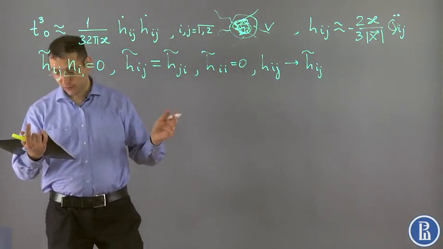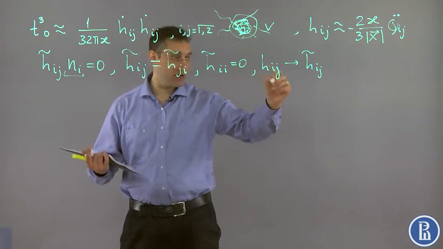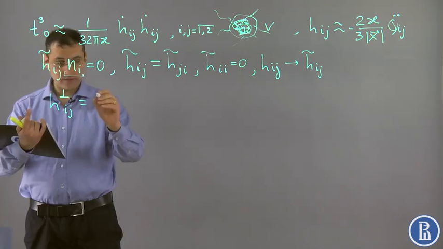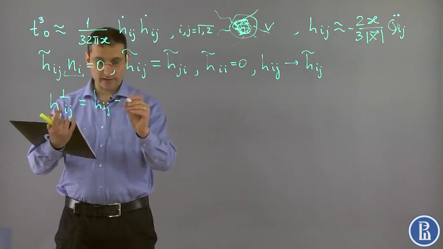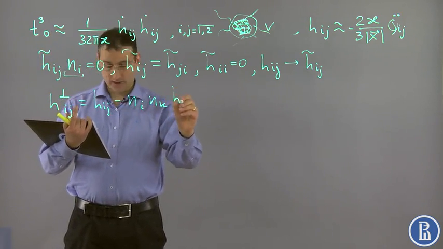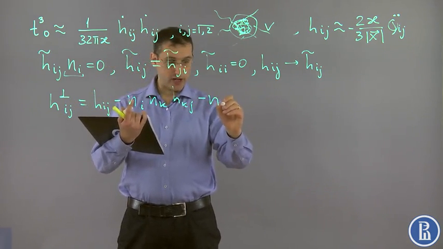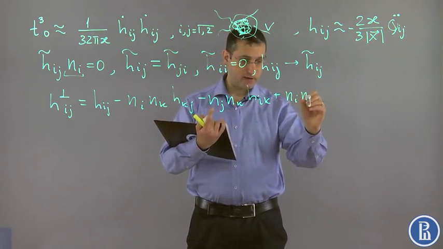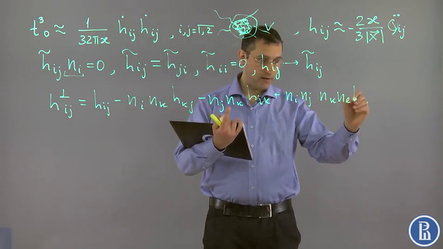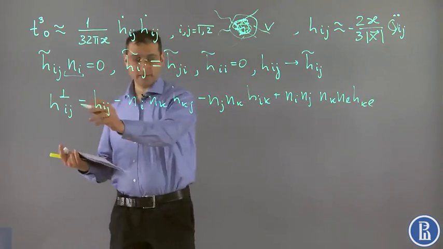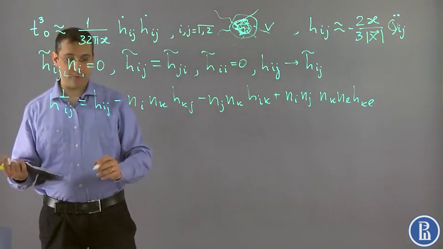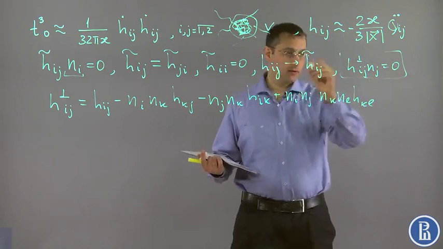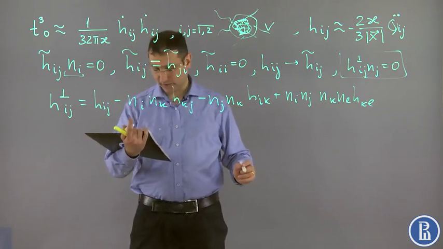So from an arbitrary H_ij, we want to construct such an H_ij twiddle obeying these conditions. The tensor that is tangential to n has the following form: H_ij perpendicular is H_ij minus n_i n_k H_kj minus n_j n_k H_ik plus n_i n_j n_k n_l H_kl. One can easily check that this obeys the condition that it is perpendicular to n.